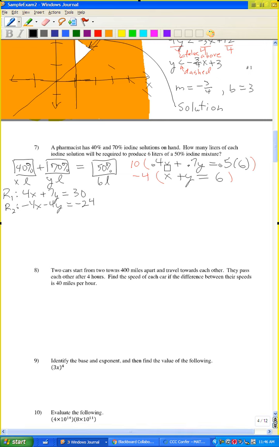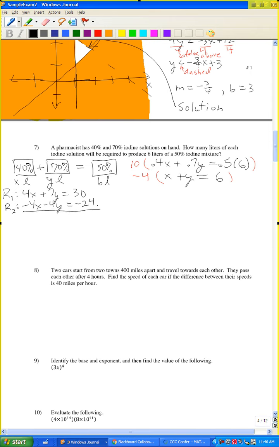Okay, so I had 40% of x plus 70% of y is equal to 50% of 6, and x plus y is 6. I multiply by 10 to get rid of the decimals. So I get 4x plus 7y. Get rid of the decimal. 5 times 6 is 30. Multiply by negative 4, so you get negative 4x minus 4y equals negative 24.